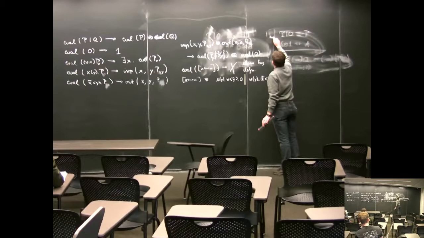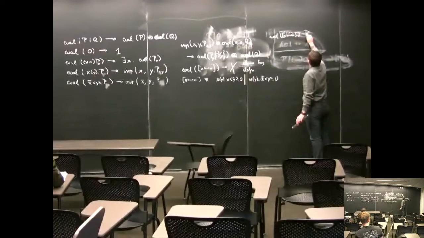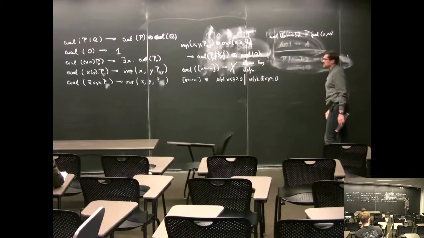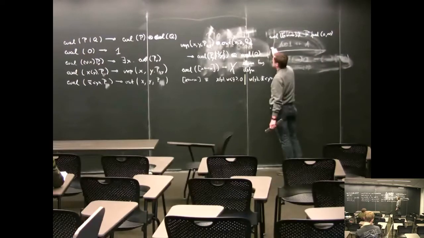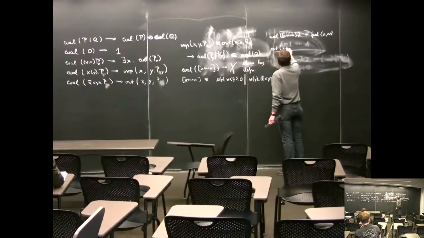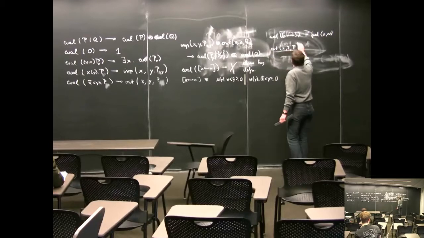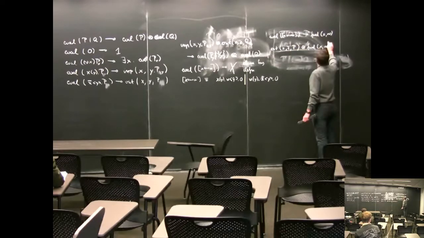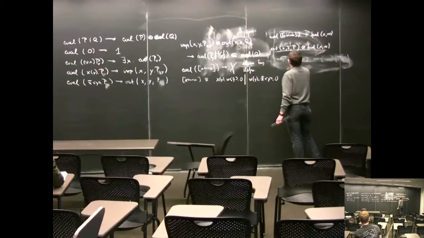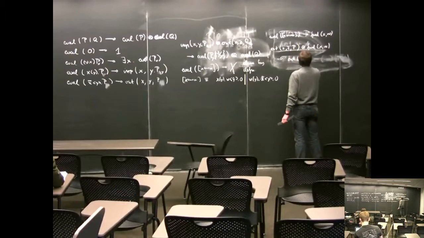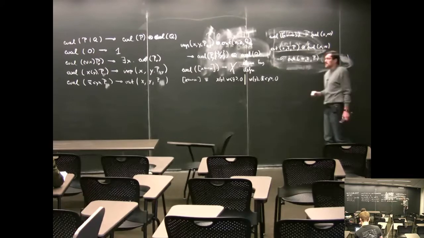So you evaluate x w goes to forward x w, and then you would have a rule that might say something like if you have an output on x to z followed by p together with the forward x w, then you would take an output on w, z, p. You might have something like this.